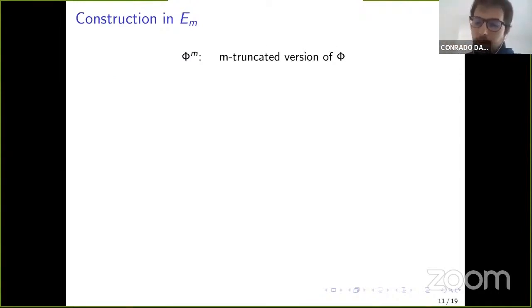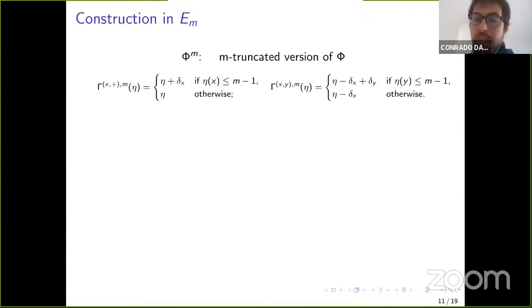One is we can consider the finite configurations and build an m truncated version of our flow by simply prohibiting particles to go beyond the value m. We cancel the addition of particles if we would go above m. So that's what this is doing. This is a truncation of our transitions.